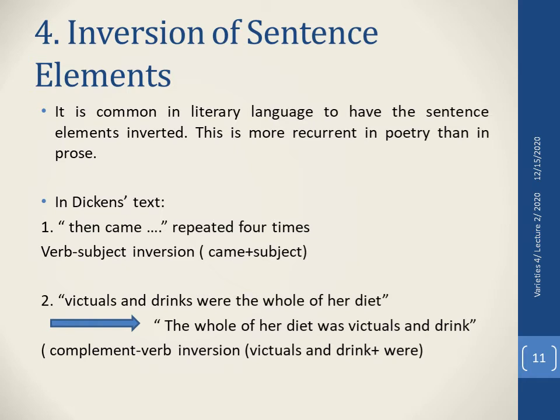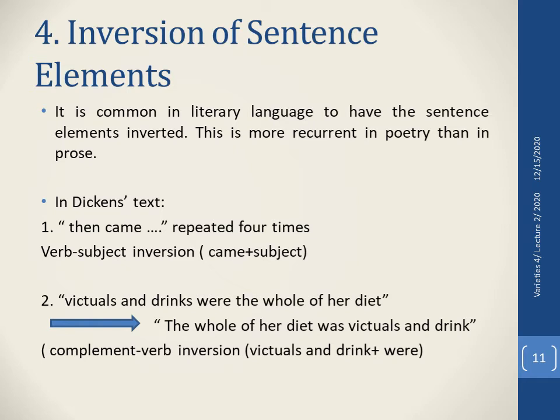The second example: "Victuals and drinks were the whole of her diet." Clear example of inversion as well. So if we are to reconstruct this example, we would put it this way: "the whole of her diet was victuals and drinks." Okay, not "victuals and drinks were the whole of her diet."